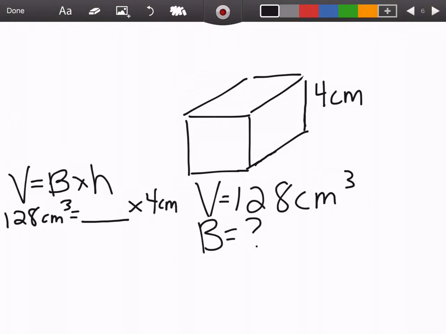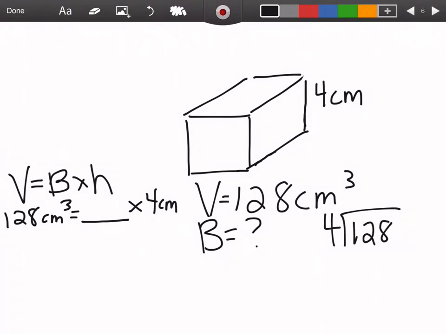Now, if you think back to the beginnings of math, you know that in order to find this number here, we have to think what number times 4 equals 128. And to solve that, you have to do a division problem, which is kind of weird because this looks like a multiplication problem. But you have to do the opposite operation so that you can find that number. So you're going to do 128 divided by 4.